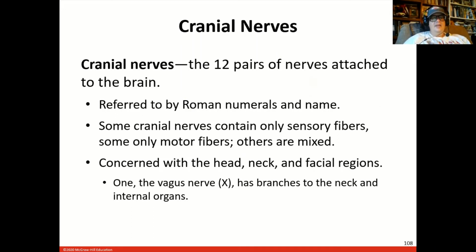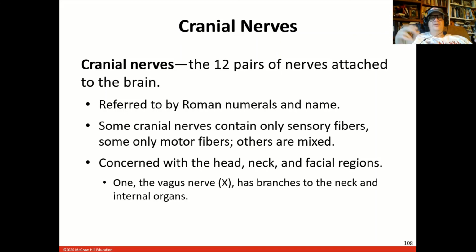All right. Anyway, the cranial nerves are mixed. Some of them are just sensory. Some of them are just motor, and some of them are mixed. They have both sensory and motor neurons. They have a lot to do with what's happening in the head, the neck, the face. The one they're saying, oh, the vagus nerve has branches to the neck and the internal organs.